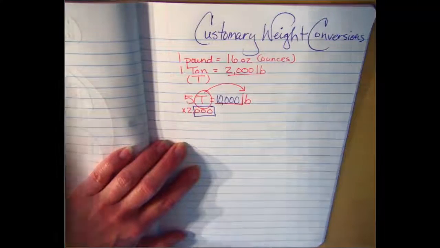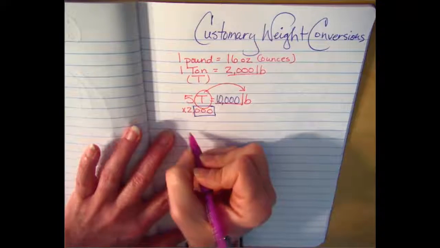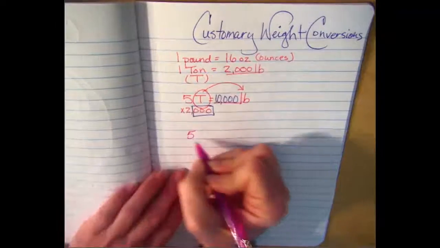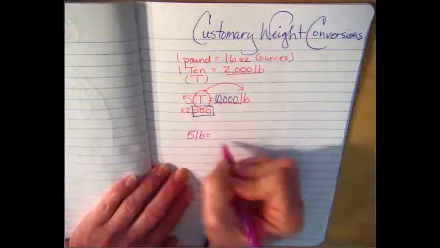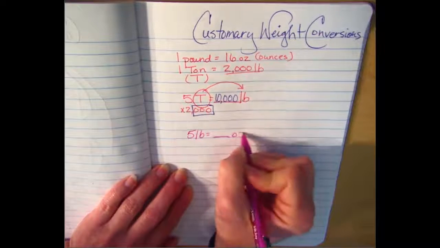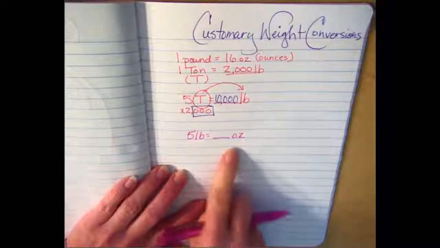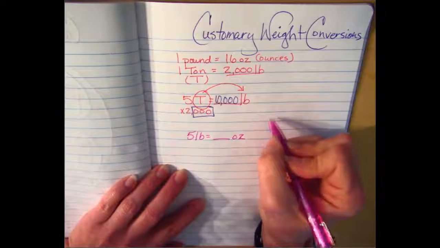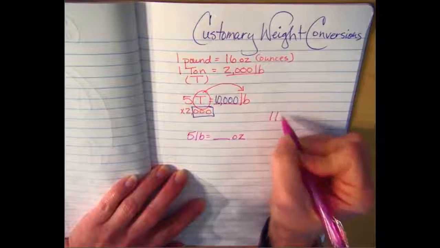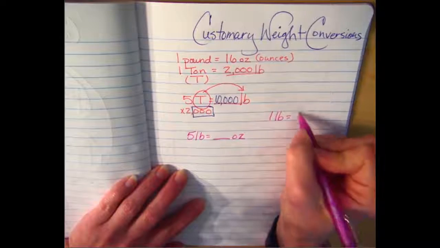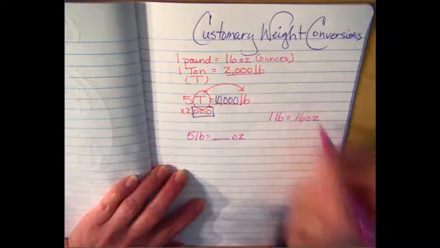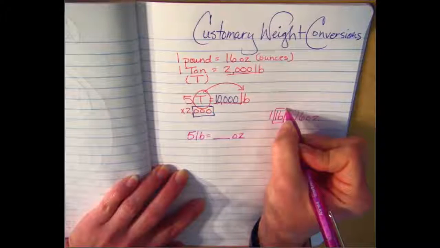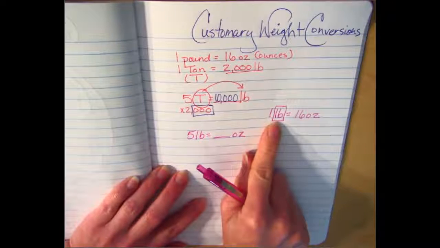If you have 5 pounds and I want to convert them to ounces. One of the students in my homeroom class earlier, Allie, she told me that her teacher at her last school taught them 1 pound is equal to 16 ounces because when you look at LB together, it looks like a 16.